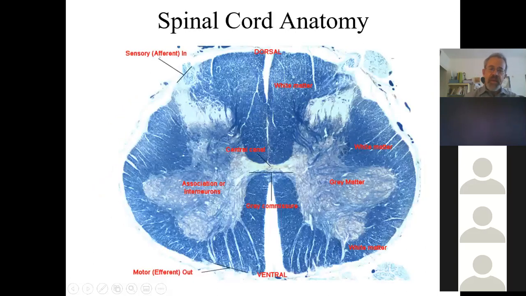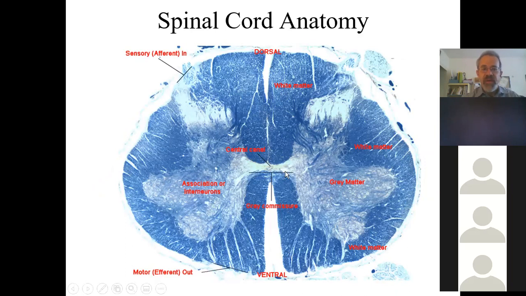All right. Here's an actual photomicrograph of the spinal cord, and you can see here all the gray matter, even though it's all blue, but it's gray matter. Central canal, gray commissure. This is all white matter. It's white just because that's the type of stain that they used.